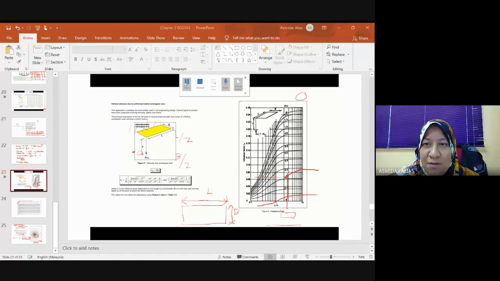Sepatutnya dia dapat masuk lah. Sekejap ya, saya stop sharing dulu. Okay. Dah masuk Miza? Miza dah masuk? Rasmi Miza kan? Okay. Alright.